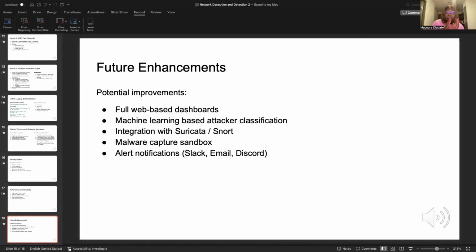Machine learning could classify attacker patterns. A web-based interface could simplify management, and even malware sandboxing could be added to capture attacker payloads. So that is what we have done in this project, and thank you so much.